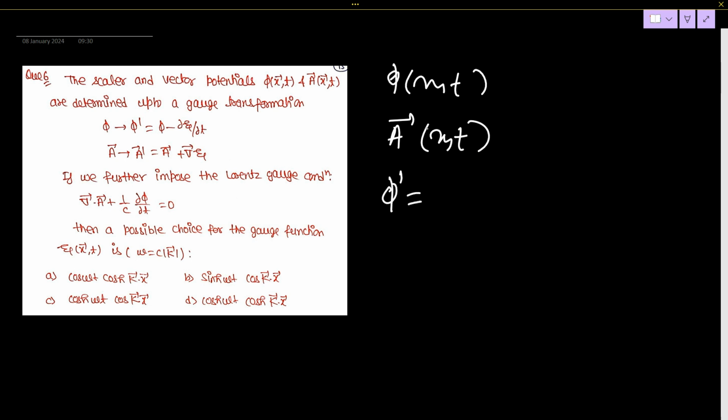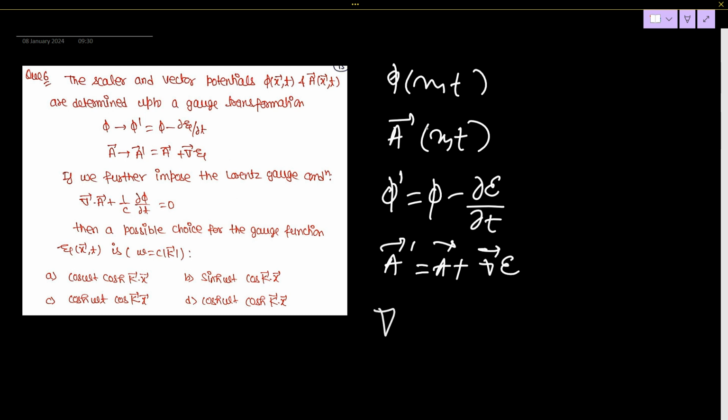Phi dash is equal to phi minus del epsilon by del t, and A dash is equal to A plus del epsilon, right? So we further impose the Lorentz gauge condition. Lorentz gauge condition is imposed: del dot A plus 1 by c del phi by del t is equal to 0. Then a possible choice for the gauge function epsilon(x,t) is?